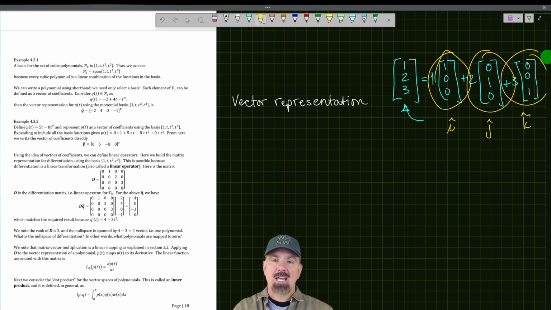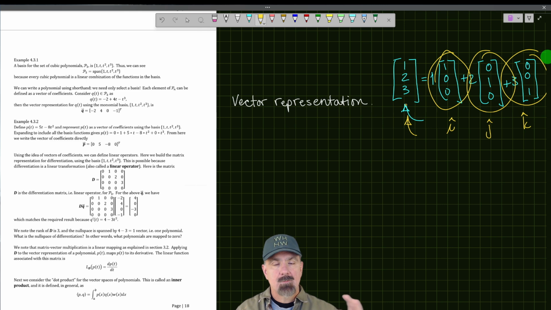But how do we represent a vector, a thing that's physically pointing from the origin out to a point in space, as a linear combination of those basis vectors? We need the coefficients. Whatever the coefficients happen to be, that's what goes into our vector.